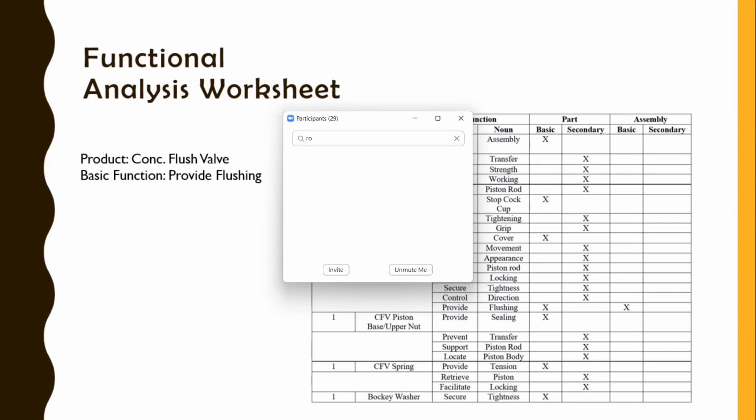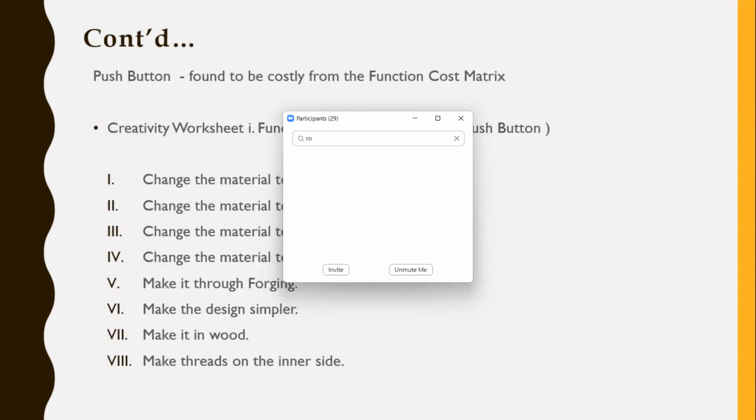Okay, the primary function is stop cock cup. And the alternatives, creative ideas: change the material to aluminium, change the material to aluminium alloy, material to plastic, material to polypropylene, make it through forging, make the design simpler, make it in wood, make threads on the inner side, right?